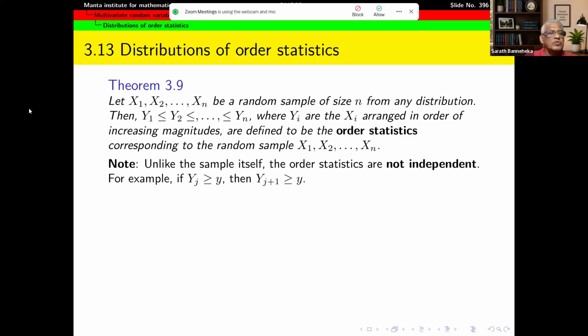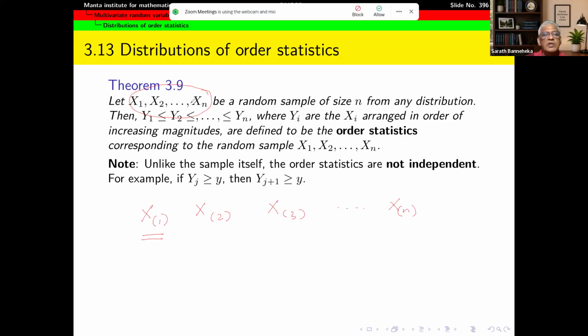Some authors denote these new random variables by writing x within bracket 1, x within bracket 2, x within bracket 3, and so on, up to x within bracket n. So this is the notation for the first order statistic when you consider this random sample, x1 up to xn.